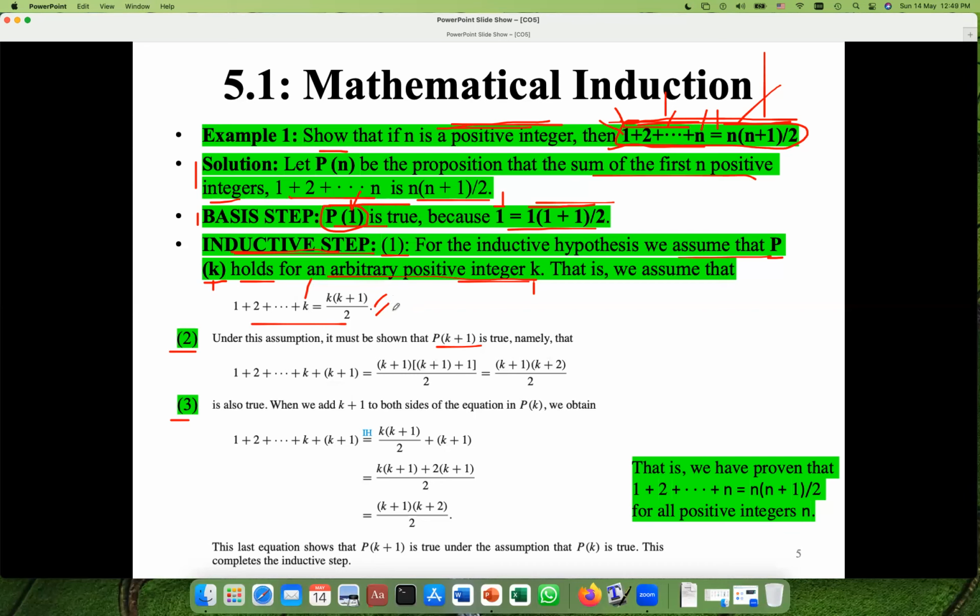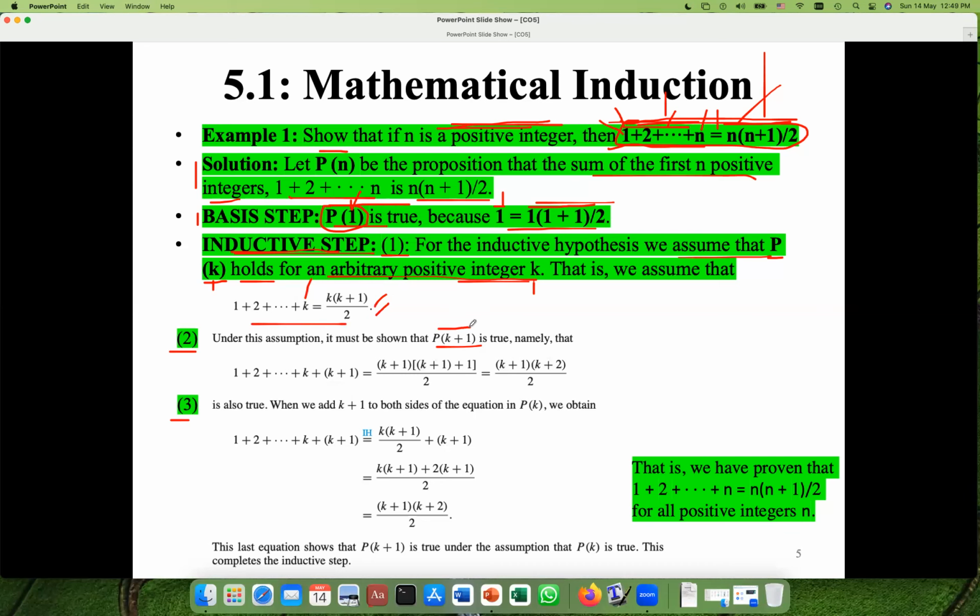Now, based on that assumption, we have to show that P of k plus 1 is also true. This is what you have to do. Because we are on the ladder, at step P of k, and then we have to say that we can reach P of k plus 1. So we have to show that P of k plus 1 is also true.